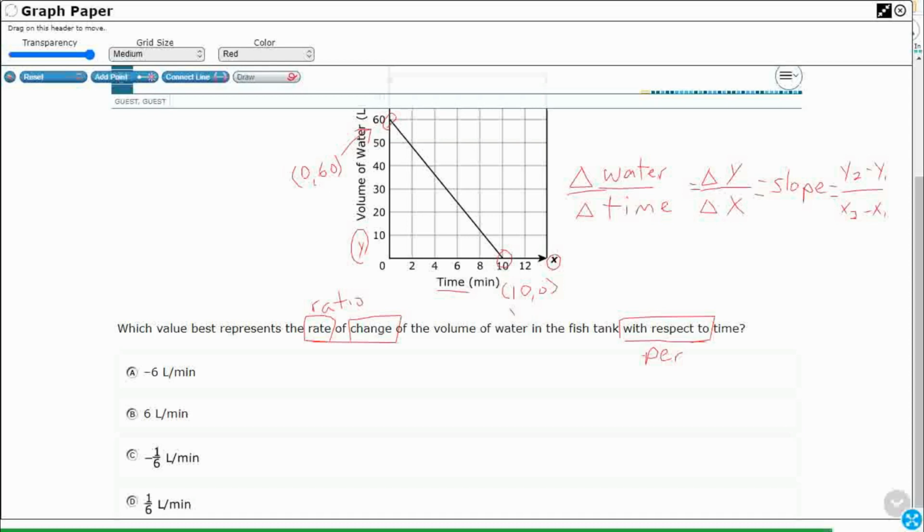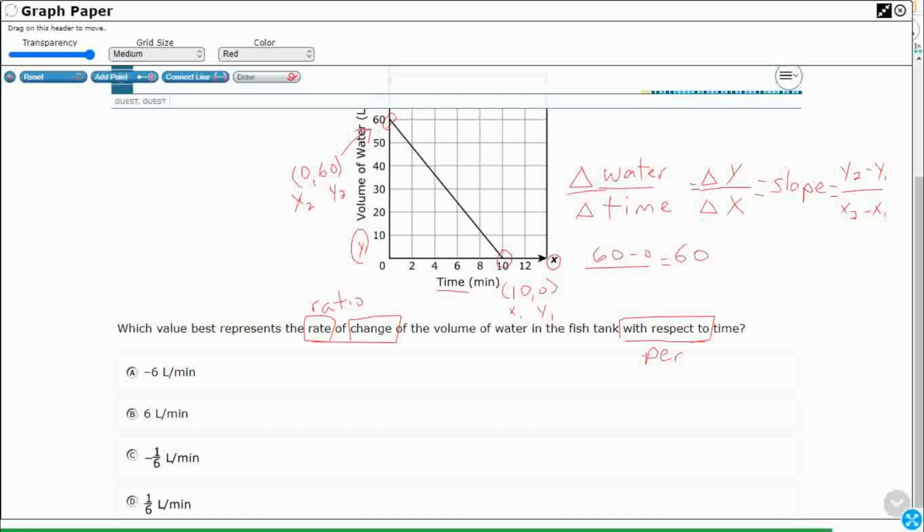As long as we have two points, I can make the 10, 0 my x1 and my y1. Make this x2 and y2 for my 0, 60. So once we do that, let's just plug that in. 60 is my y2, excuse me, minus 0. That's easy. It's going to make 60.